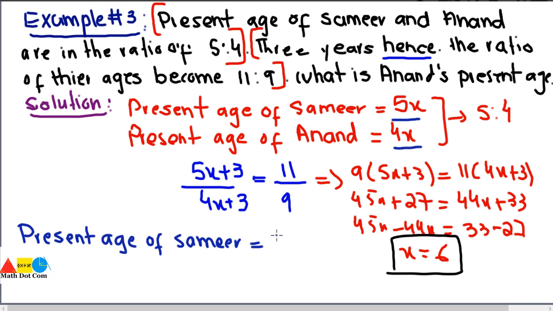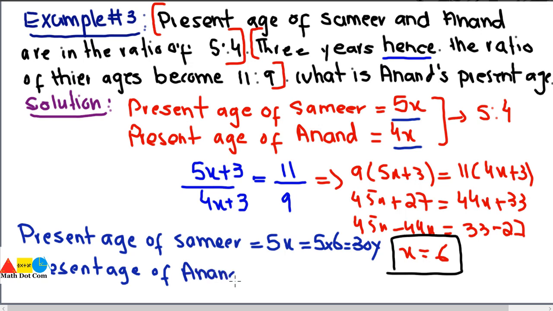For Sameer it is 5x. So 5x is 5 into 6, that is equal to 30 years. And the present age of Anand, which is required in the question, is 4x, that is 4 into 6 equals 24 years. So we have got the ages of Anand and Sameer.